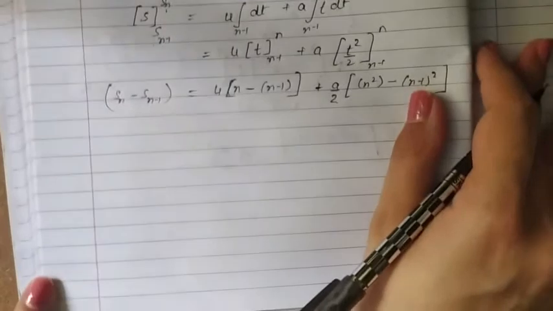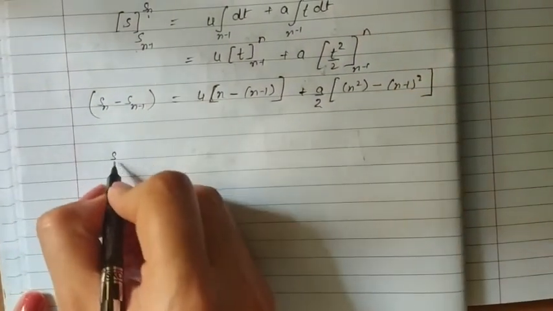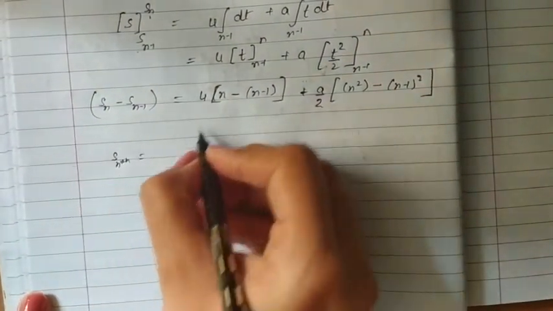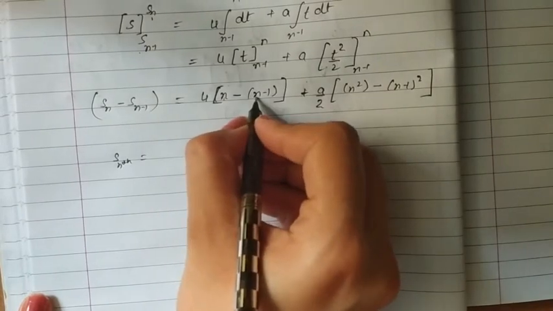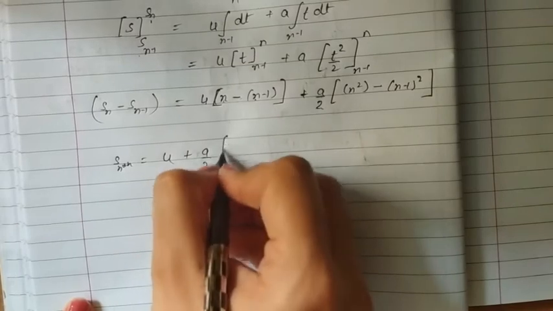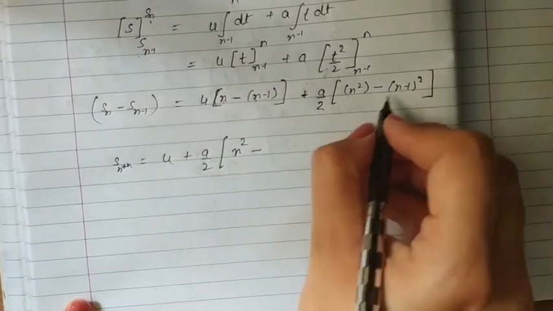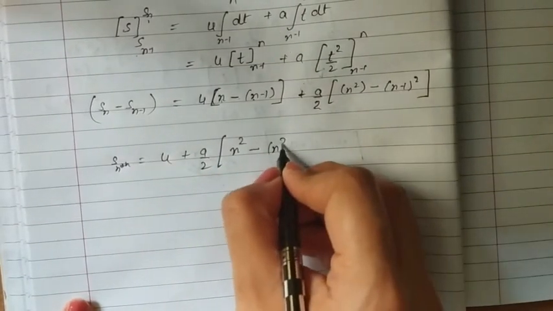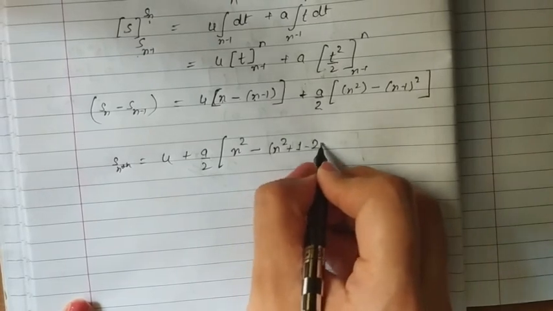So I am going to write here on the left hand side Snth is equal to, n minus n will be cancelled out, and minus minus becomes plus, so it is u plus a by 2 times n square minus, if we solve this, we get n square plus 1 minus 2n.